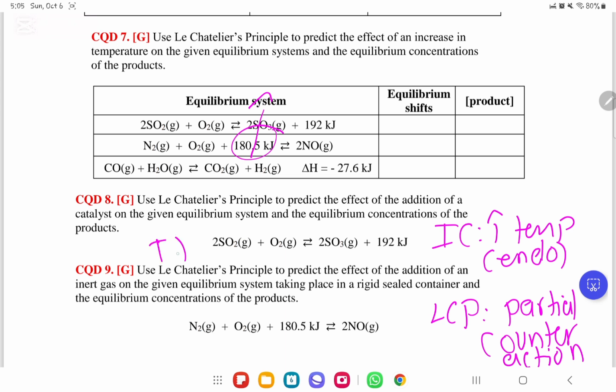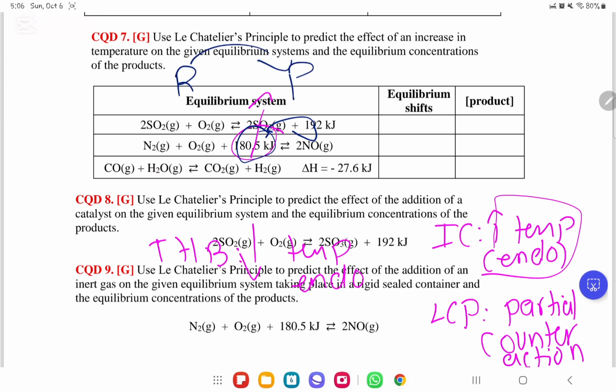How does this happen? This happens by doing the total opposite of our imposed change, which is decreasing the temperature of our endothermic reaction. To decrease the temperature of our endothermic, we'll have to give to the opposite side. So the reactants will give to the products. We call this a forward shift.